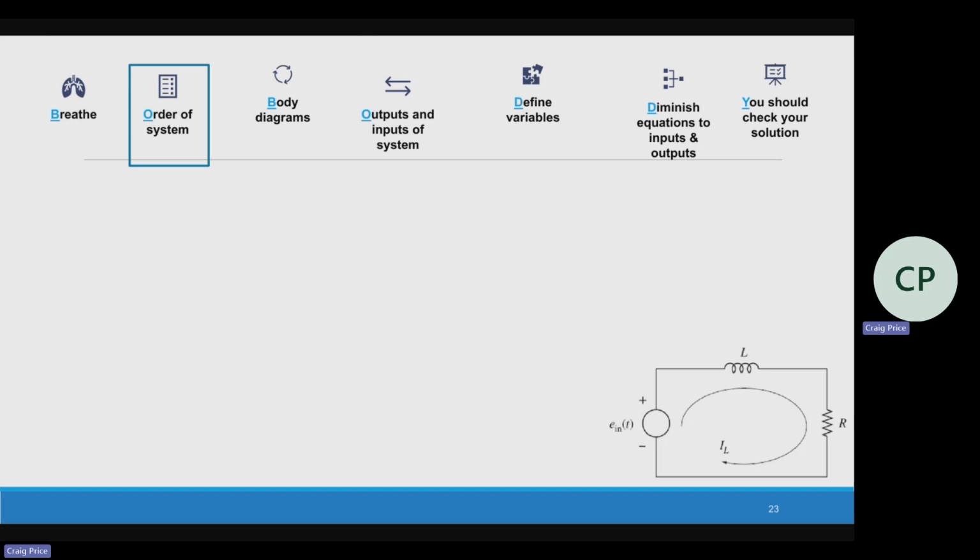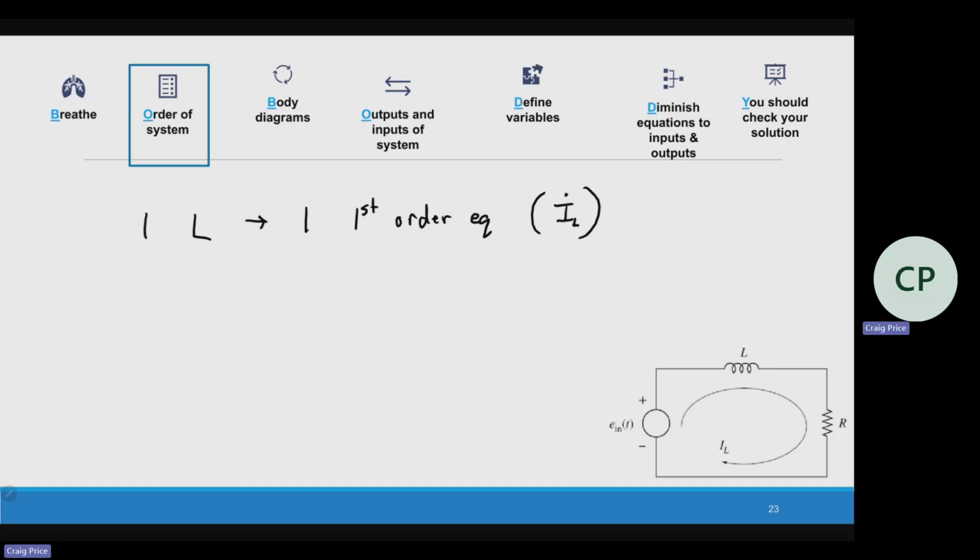Now we have the order of the system. What would the order of the system be? One. I have one inductor, therefore I'm going to have one first order equation. And because it's an inductor, I'm going to have an IL dot. The way that it stores energy is through the current.